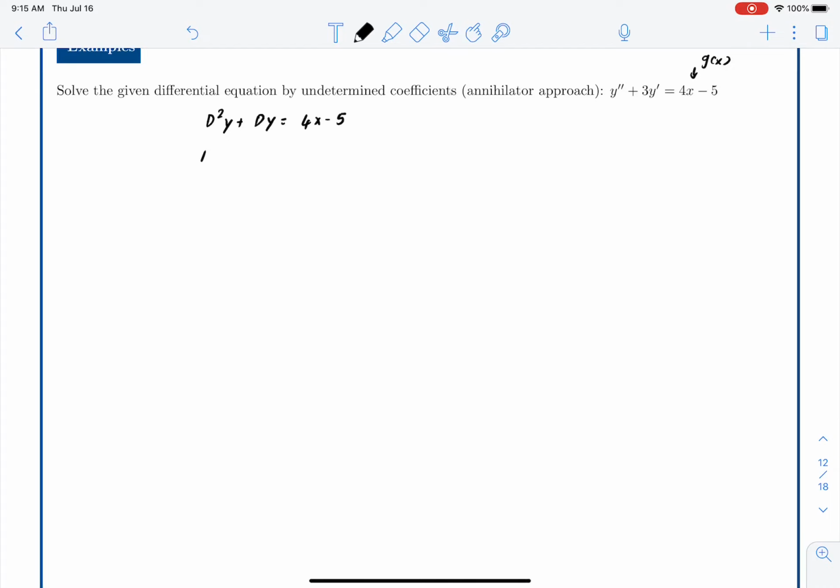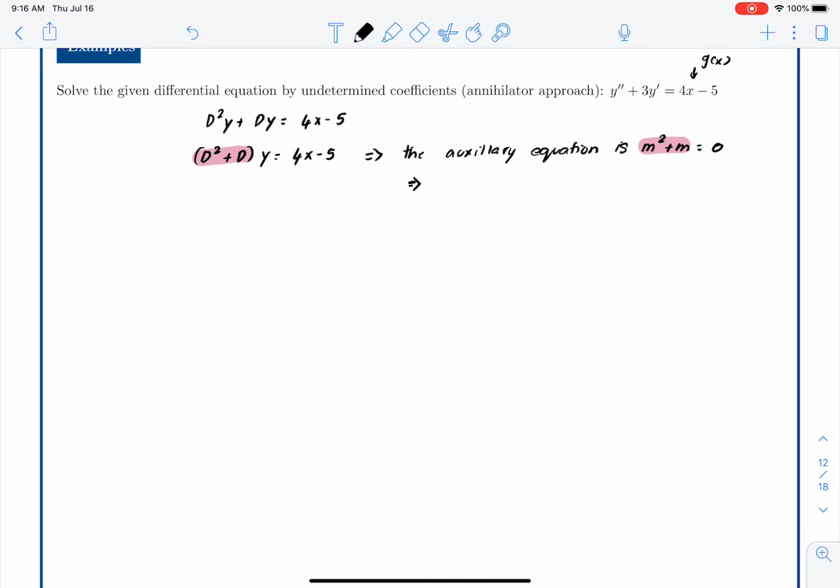So d squared plus d y equals 4x minus 5. Now that would simply imply the auxiliary equation is m squared plus m equals 0, which I'm directly guessing from here.